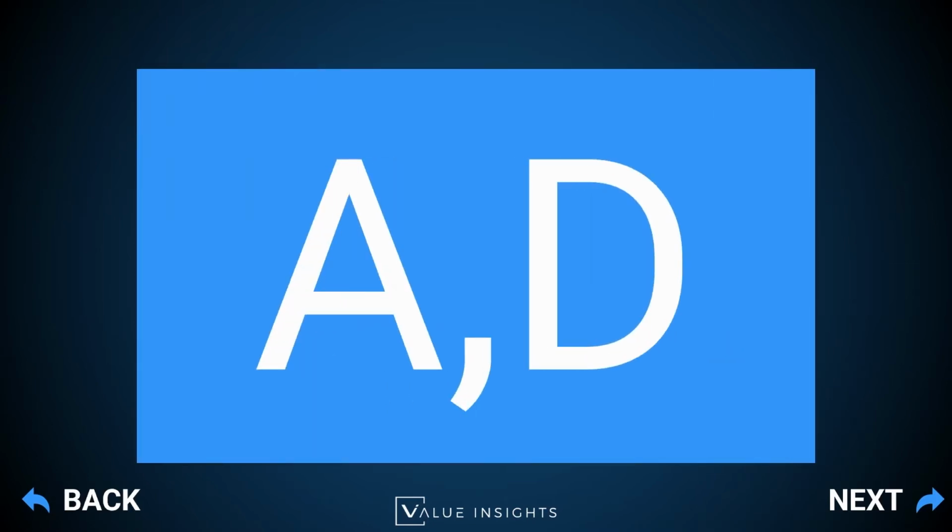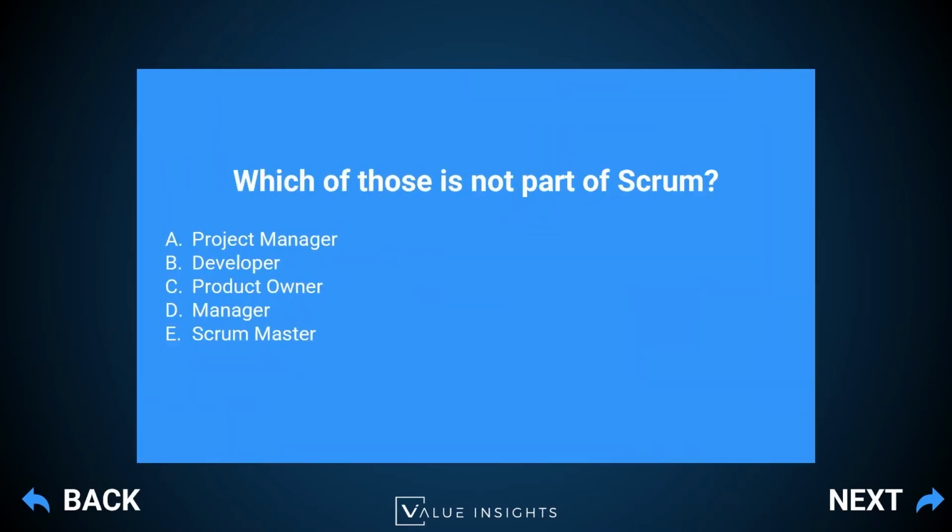And the answers are A and D. So A and D relate to project manager and manager. If you look at the Scrum Guide, you will definitely see the mention of developer and product owner and Scrum Master as accountabilities, but project manager and managers are actually not part of Scrum.